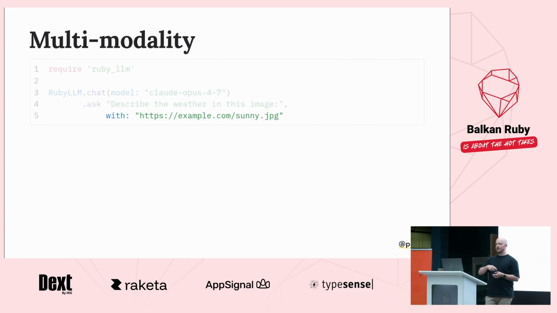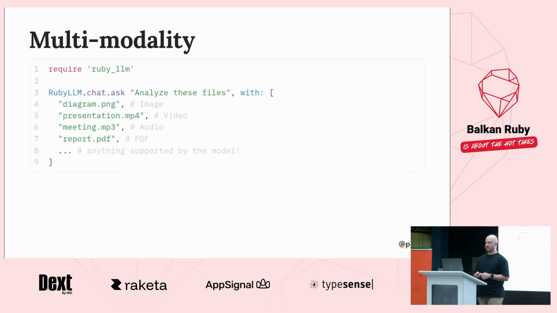And we actually figure out if it's a URL, if it's a local file, if it's a string IO, if it's an attachment, all kinds of support for all kinds of things, so that you can get going with what's important in building AI apps, which is actually figuring out the prompts, figuring out how to make tools, figuring out how to make agents. And of course, we don't just support images, we support also videos, audios, PDFs, and newly also documents as well, and really anything that is supported by the model.